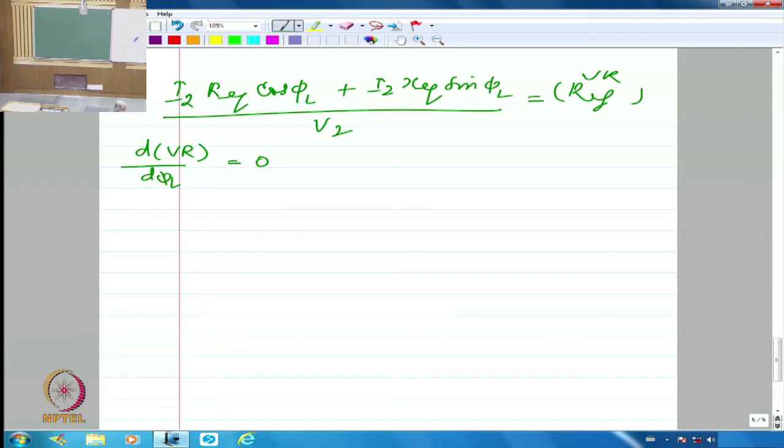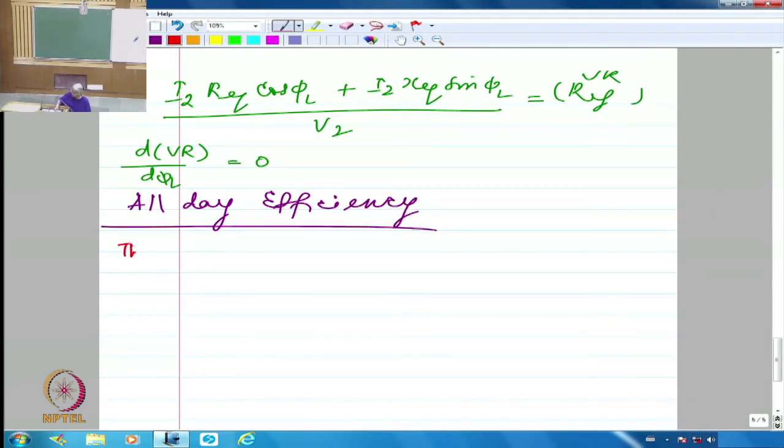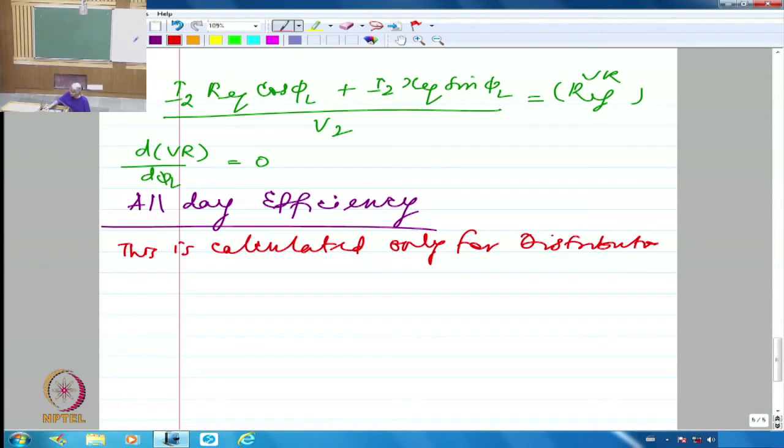Fine? All day efficiency is calculated only for a distribution transformer. See, if it is a power transformer, I told you that a power transformer normally is loaded to 100% all the time, because the generator will generate full power or it will not be commissioned at all.